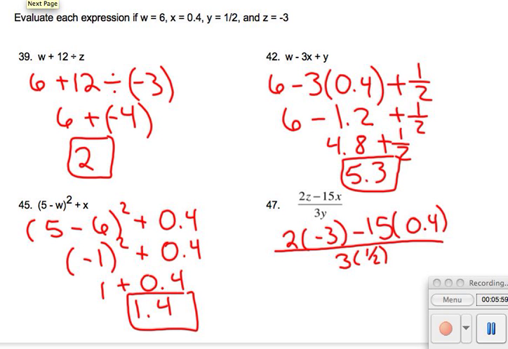So 2 times -3 is a -6. 15 times 0.4 is a 6, but we have a subtraction, so we're going to take the -6 minus 6, all over 3/2. When I take -6 minus 6, I get a -12 over 3/2. And when I take a -12 and divide by 3/2, I get a -8.